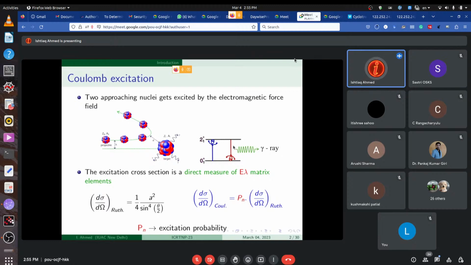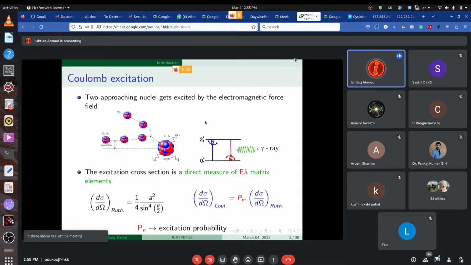On the right-hand side, when the excitation takes place, the nucleus goes from the ground state to, for example, the first excited state. Later, depending upon the lifetime of the state, this will decay and emit either a gamma ray or a conversion electron, as you already know. The gamma ray is the characteristic of that nucleus.